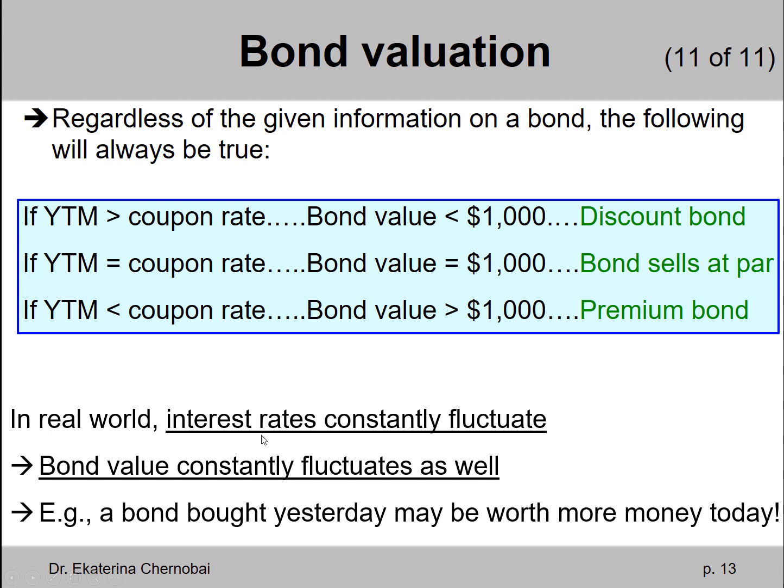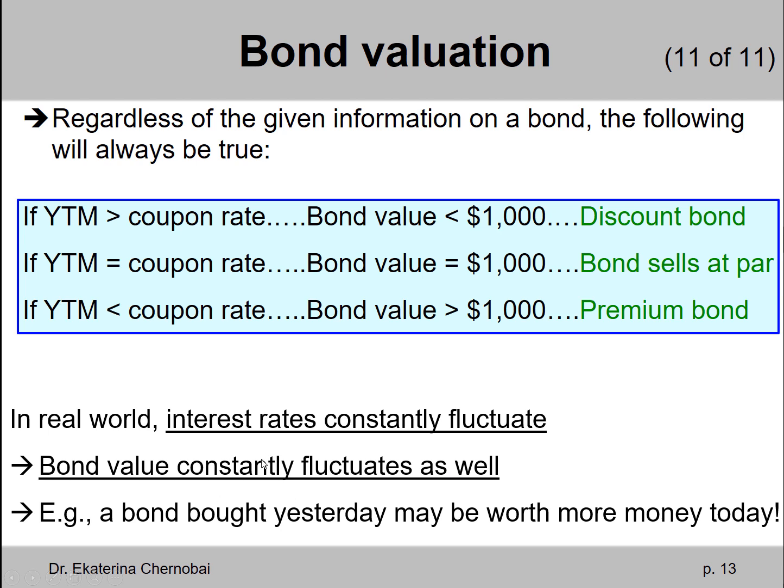We are going to cover this towards the end of this chapter. There are different things happening that get reflected in interest rates on bonds. So at this point, let's just take it as given. Interest rates fluctuate over time. And because they do, bond value will also constantly fluctuate over time.